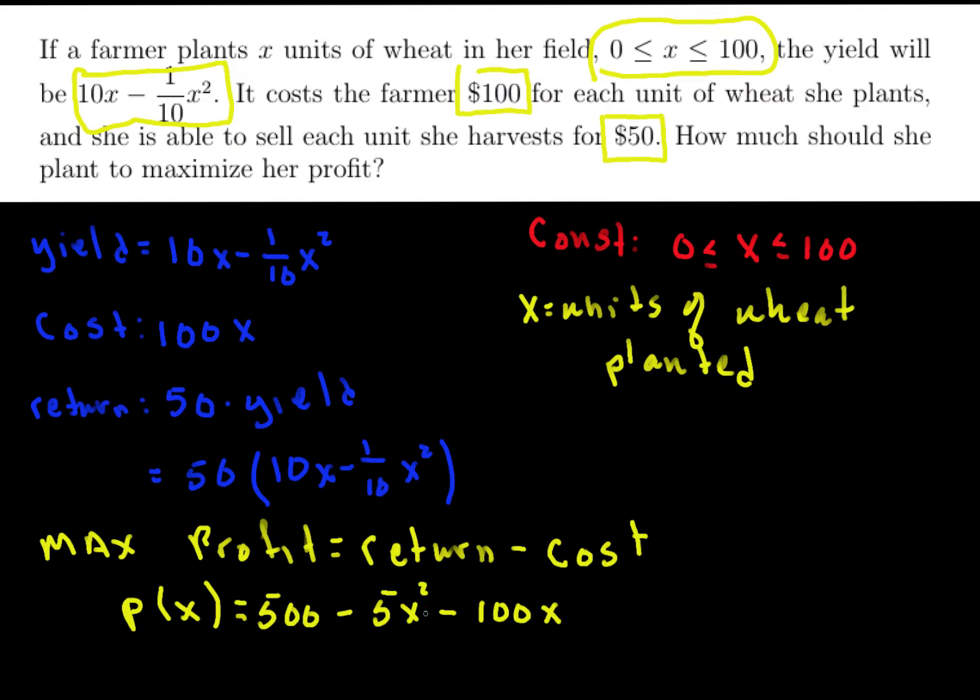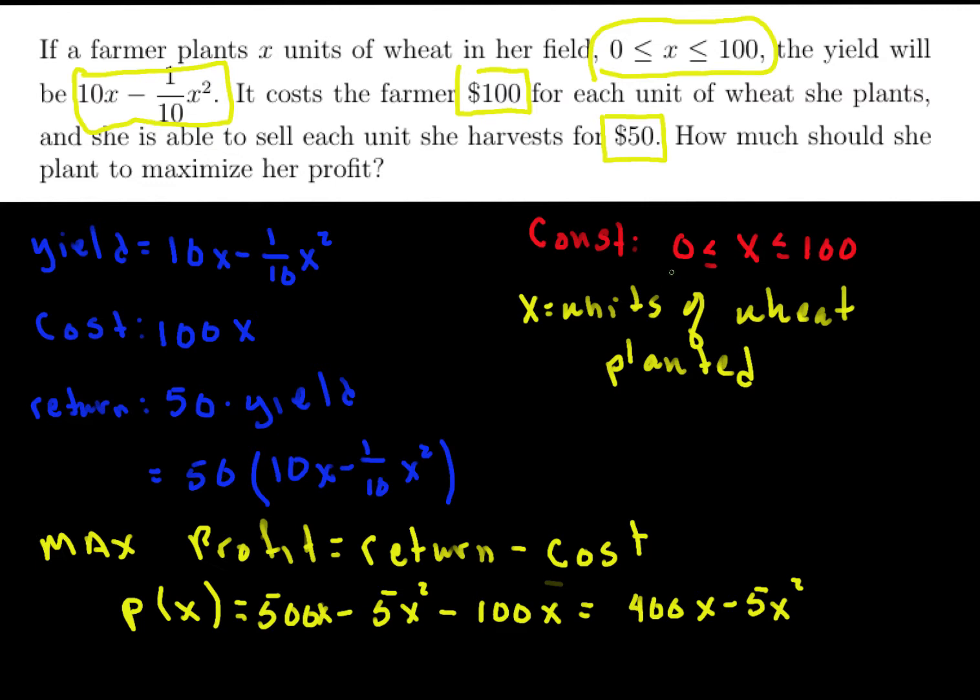So this is the farmer's profit. Whoops, there's an x here, I forgot. Combining, this is equal to 400x minus 5x squared. Okay, so that's the profit function. That's the function we want to maximize, and it's in one variable.